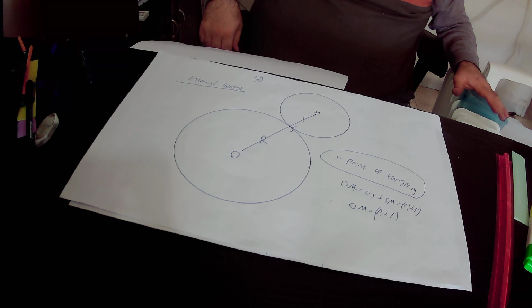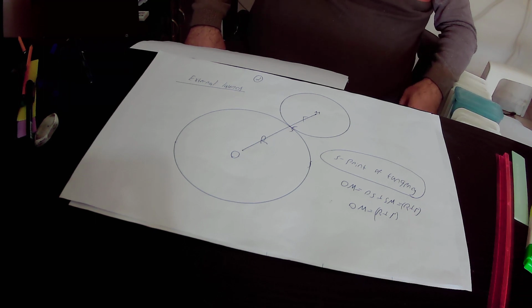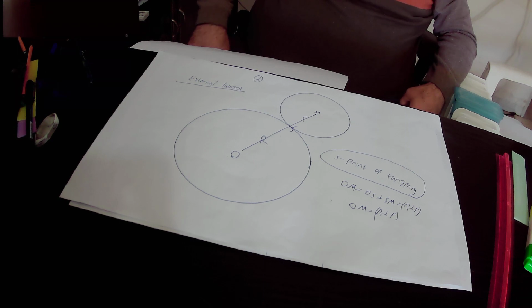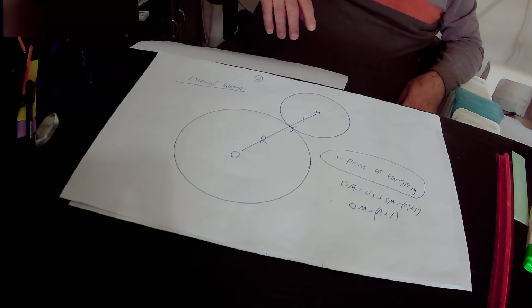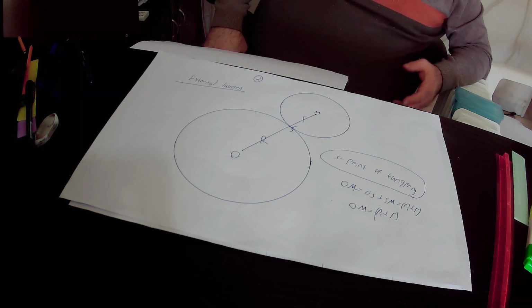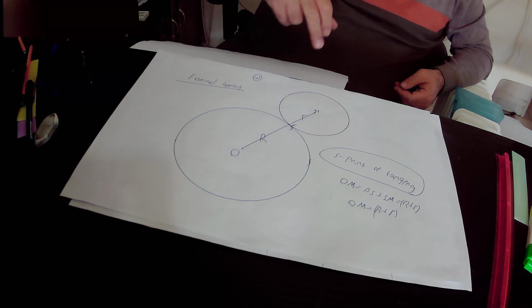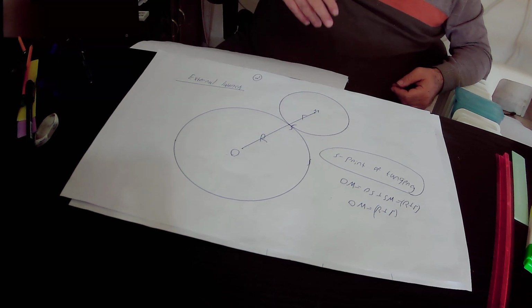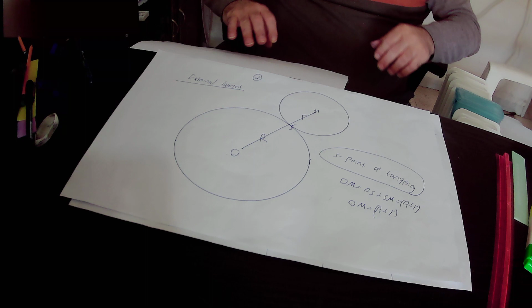So in conclusion, we can say that whenever two circles are touching each other externally, like in this case, that is the external tangency, then the distance between their centers, that is to say OM, will be equal to the sum of the lengths of the radii, that is to say, in this case, capital R plus small r.